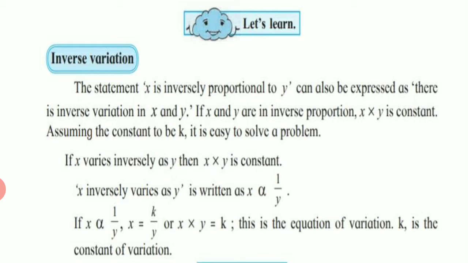X inversely varies as Y is written as X alpha 1 upon Y. If X alpha 1 upon Y, then X is equal to K upon Y, or X into Y is equal to K. This is the equation of variation. K is the constant of variation.